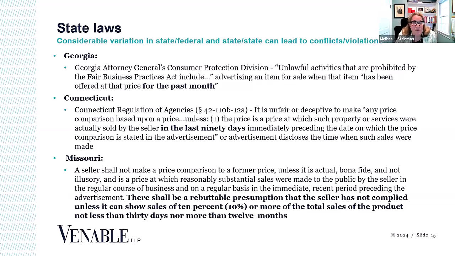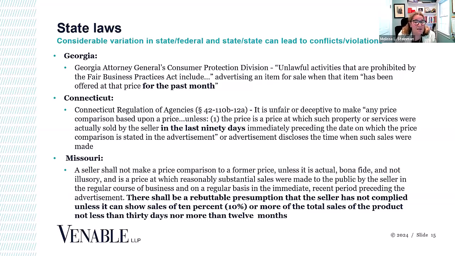One of the things that comes up with reference pricing or former pricing, as we've talked, as the question was about, is okay, well, how long do we have to offer a product at the regular price? And how many actual sales do we have to make at the regular price? Because often nobody buys retail anymore, shall we say.